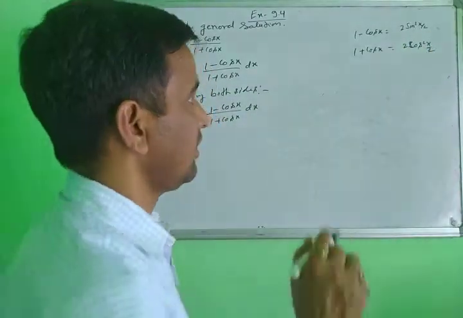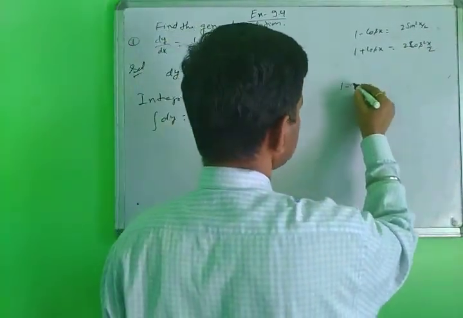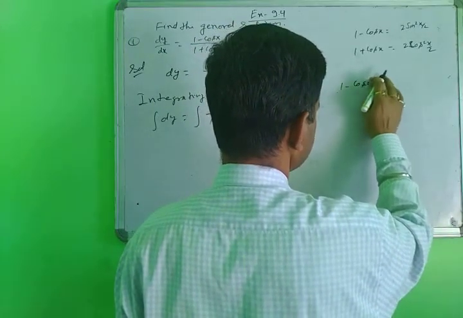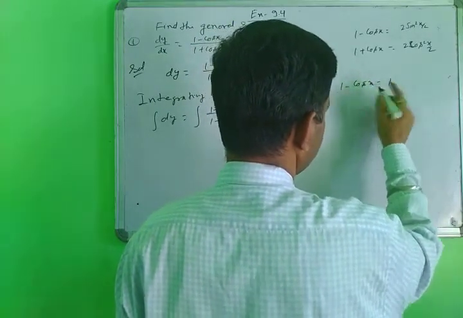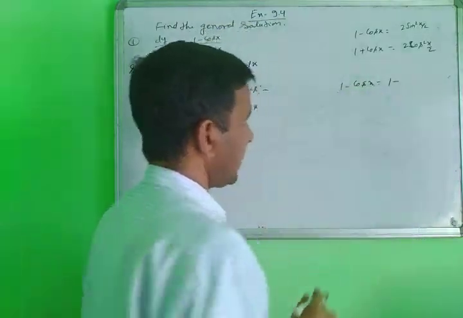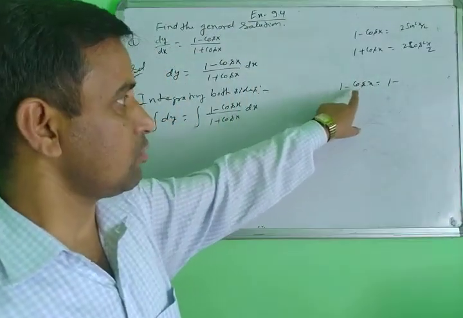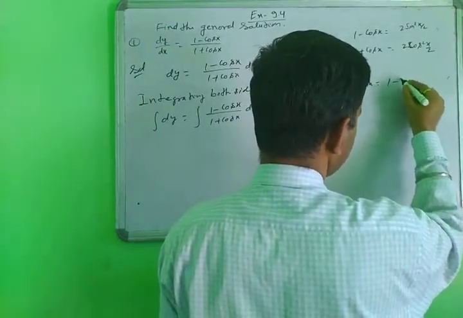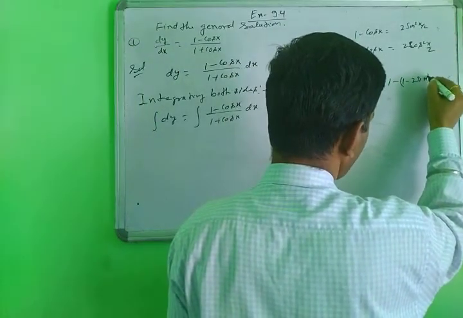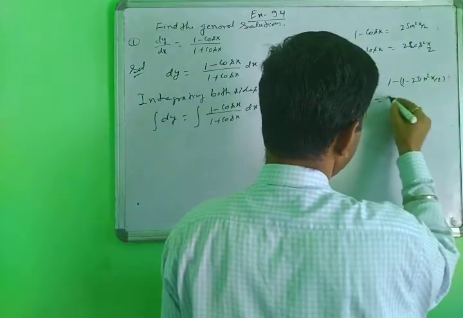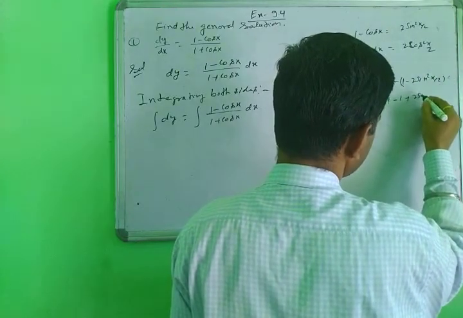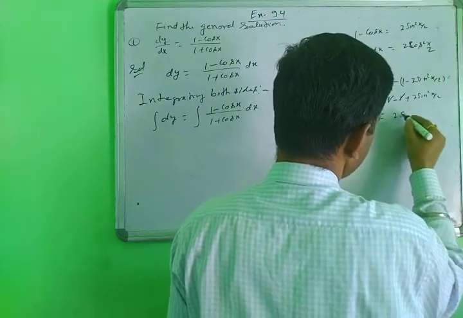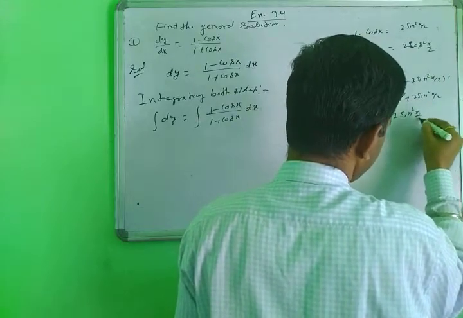How is it possible? Take 1 minus cos x, not 2x, cos x. You write the identity of cos 2x, and 1 minus (1 minus 2 sin square x by 2), the 1 is removed, so you get 2 sin square x by 2. So 1 minus cos x equals 2 sin square x by 2.